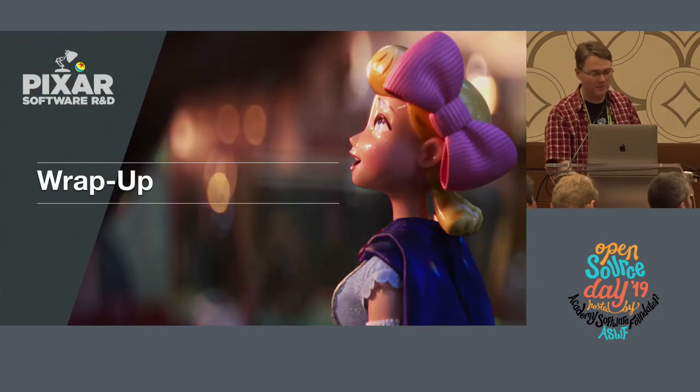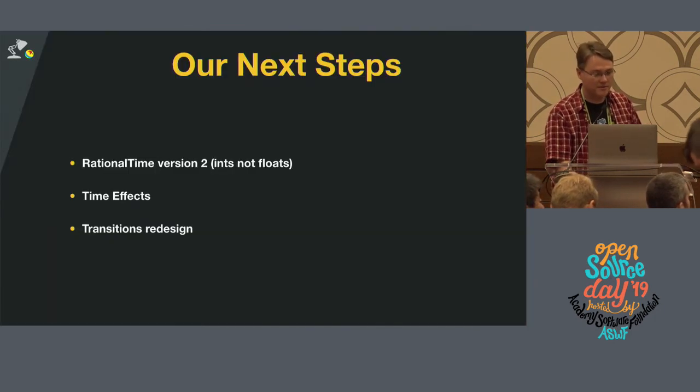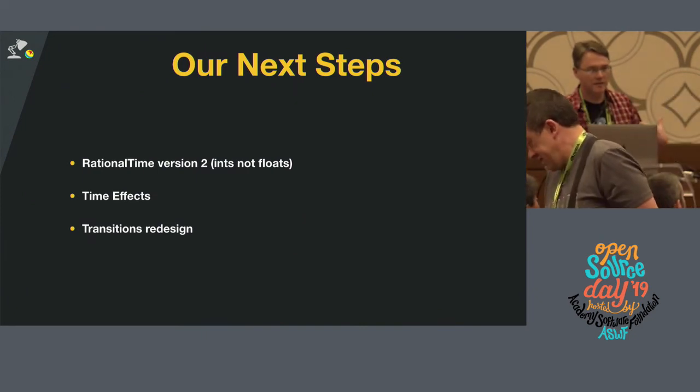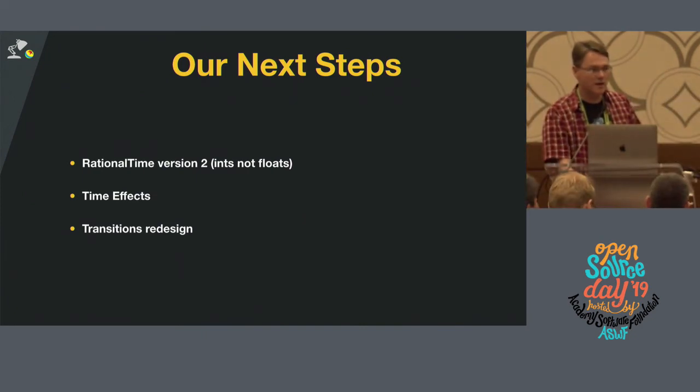Just to wrap up, we want to talk about some of our next steps, and then there's a little bit of time for Q&A. Some of the things on our roadmap coming up: we have an addition or a revision to how we actually store time. We've gotten a lot of feedback that currently we're storing things as floating point numbers. Occasionally that ends up with some round-off errors, and there are some rough edges to that sometimes.